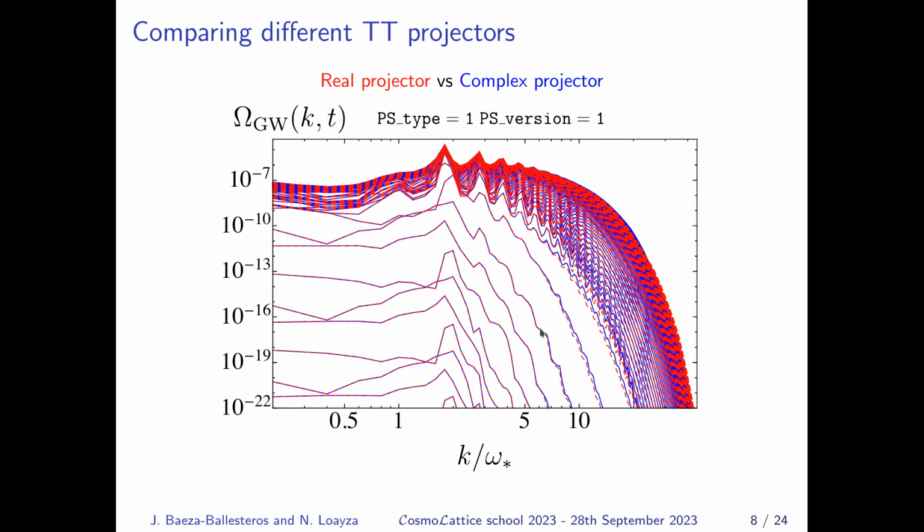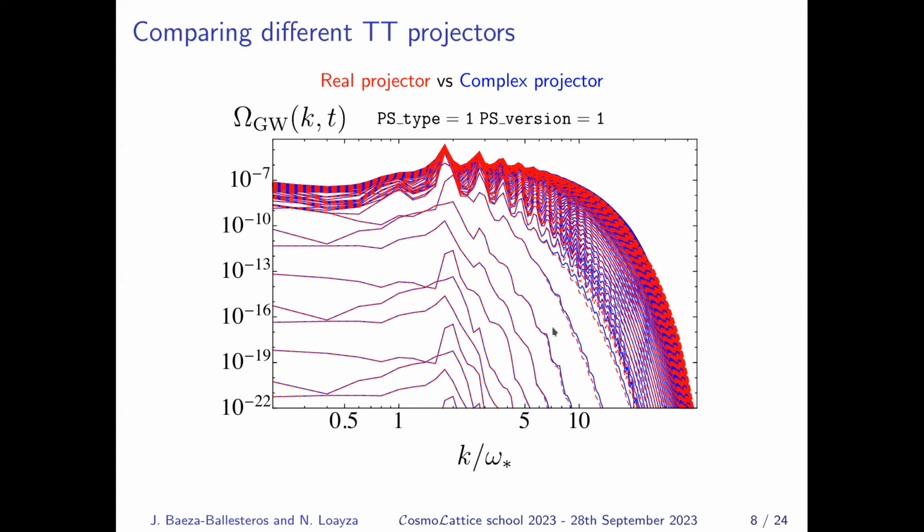As one would expect, we have the same result in the infrared, because in the infrared both momenta are pretty much the same. As we go to the ultraviolet, we start observing some differences, although the differences are pretty small, especially if you have a box in which the lattice spacing is fine enough so that you cover the ultraviolet well enough.